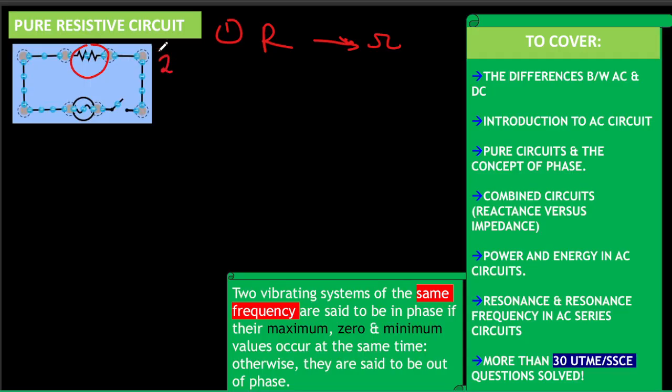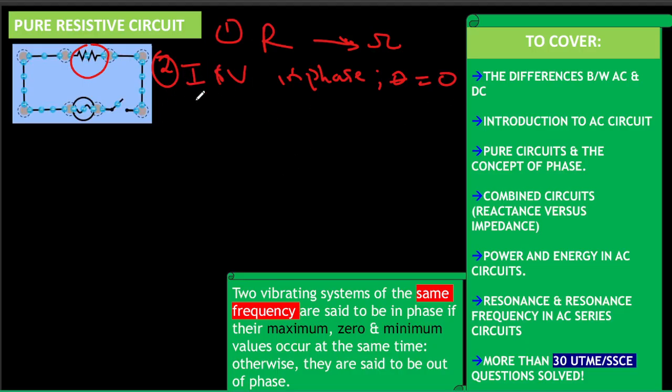Point number 2: when it comes to a pure resistive circuit, current and voltage are in phase, and that means that the phase angle is 0. The angle between current and voltage is 0.